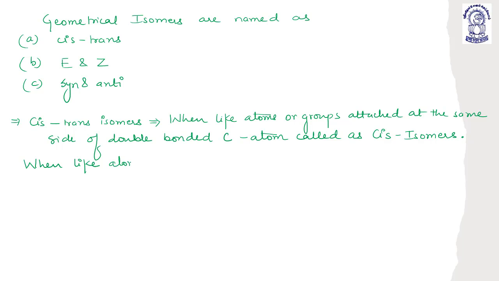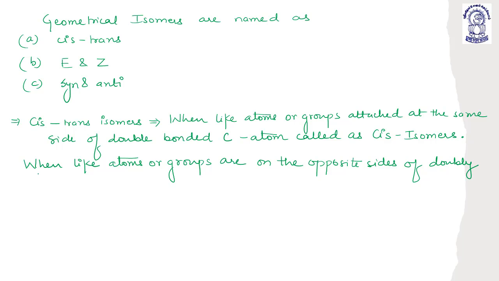When like atoms or groups are on the opposite sides of the doubly bonded carbon atoms, they are called trans isomers.